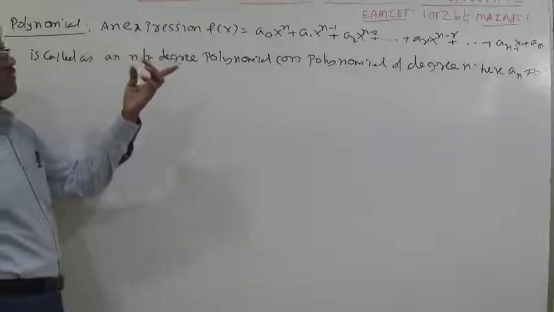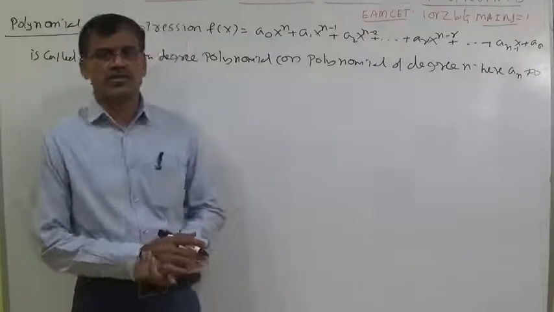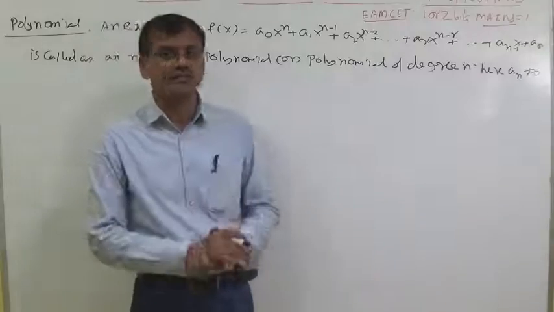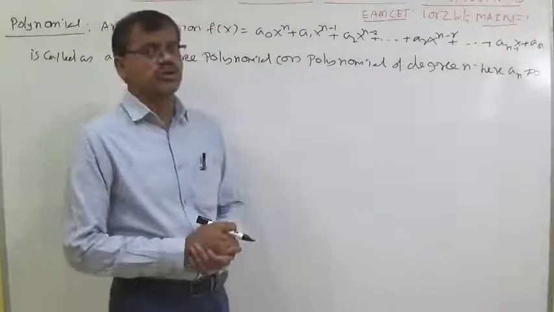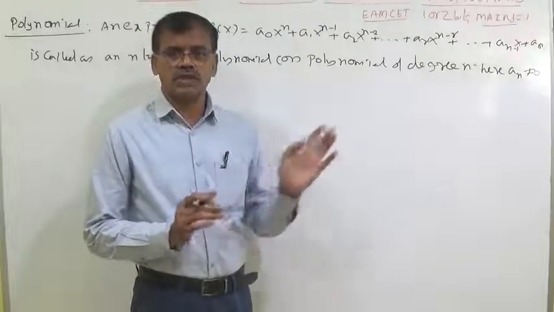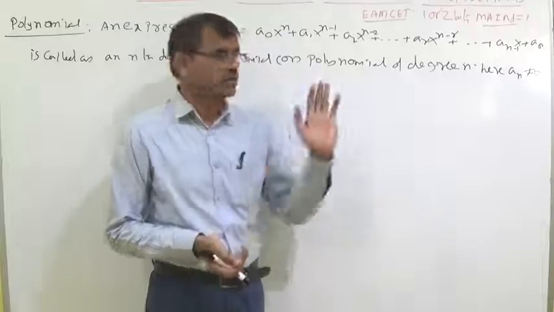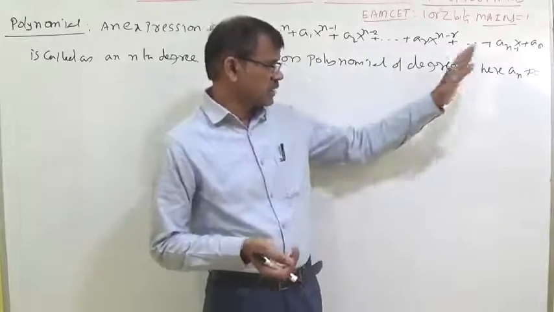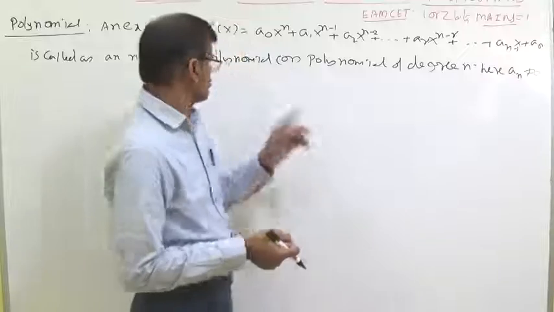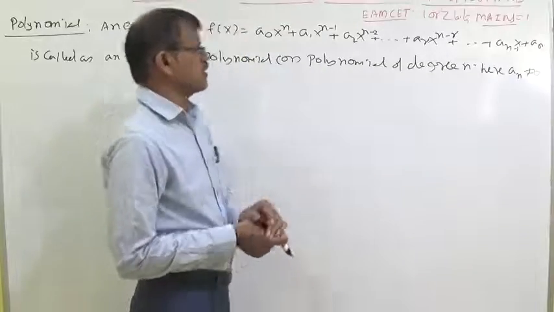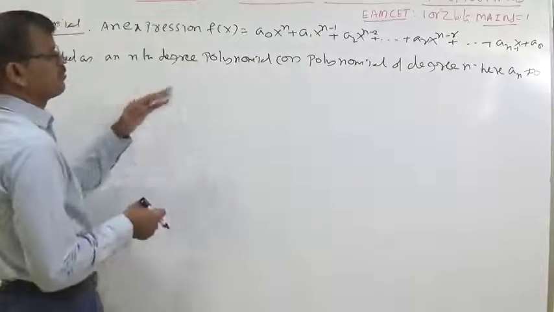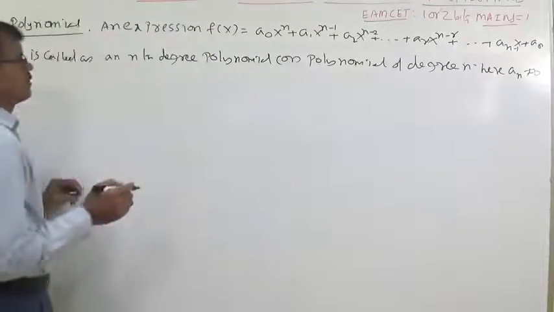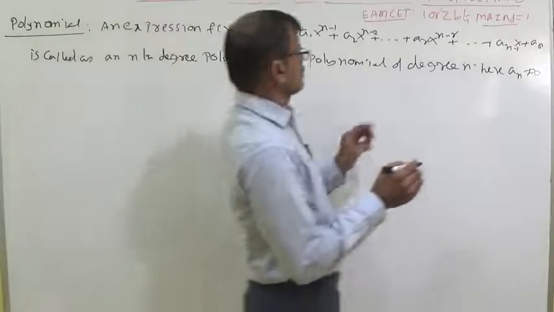An expression, denoted by f of x, which is in the form f of x equal to a0 x power n plus a1 x power n minus 1 plus a2 x power n minus 2 plus a3 x power n minus 3 and so on, an minus 1 x plus an, is called a polynomial of nth degree, or polynomial of degree n. Here a0 is not equal to 0.